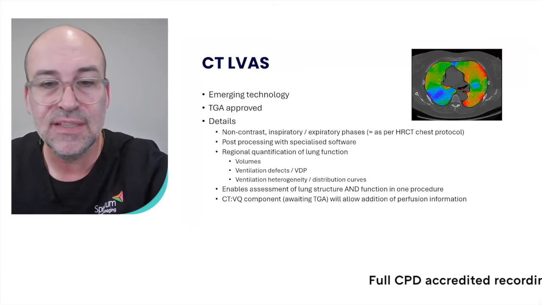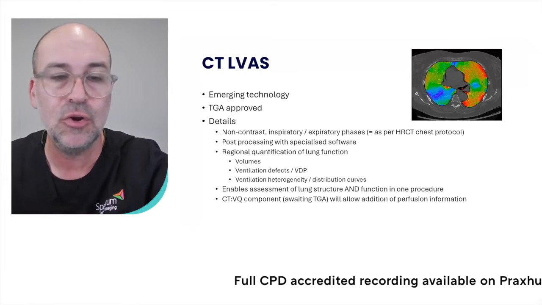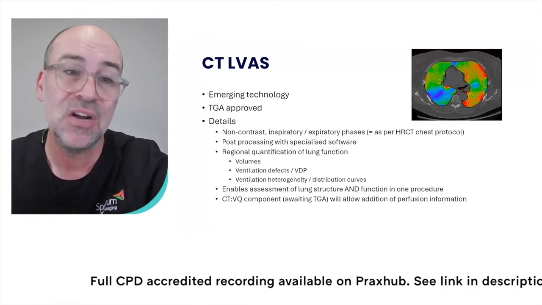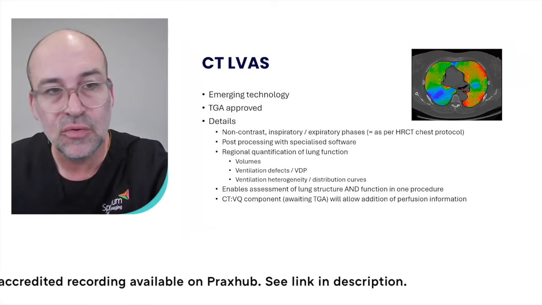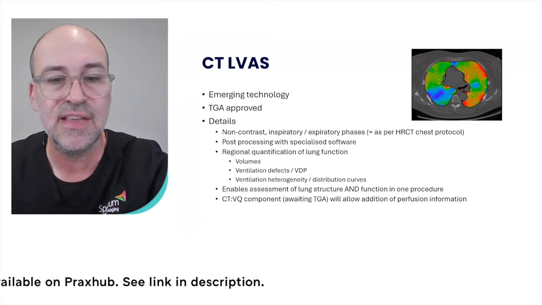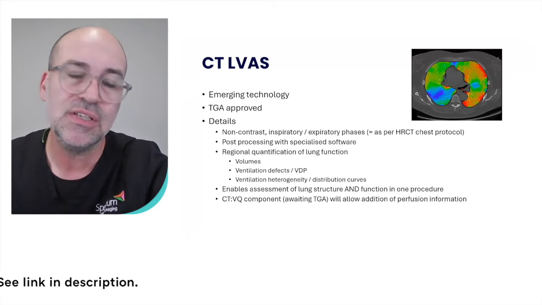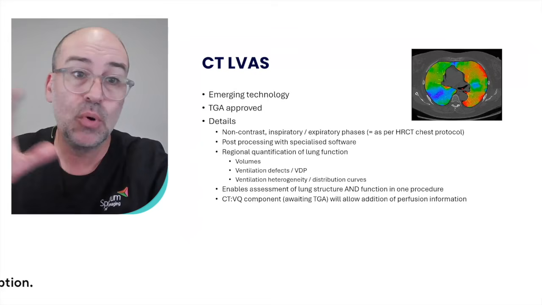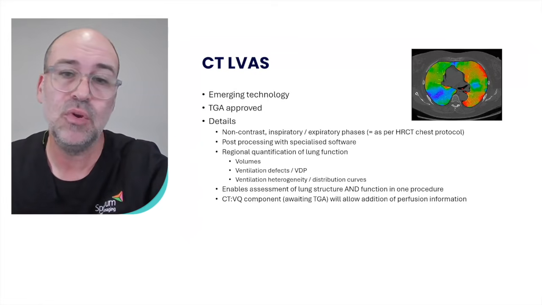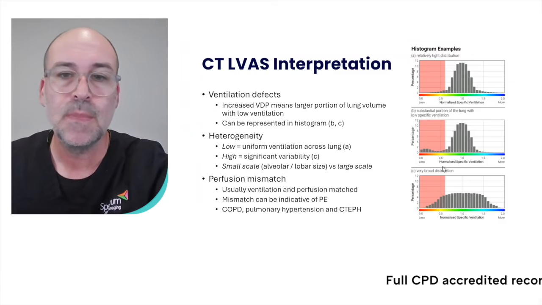So if you're looking at a CT chest and it looks completely normal structurally, that doesn't mean that functionally it's normal. We used to do different types of ventilation tests with nuclear medicine, but this emerging technology has allowed us to put it into the same test that we would normally reserve for just structural information.